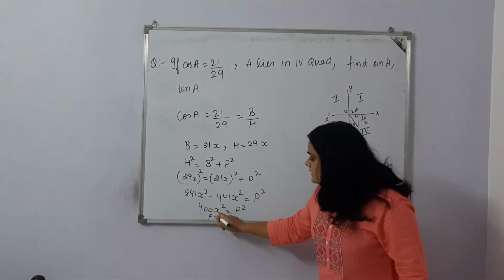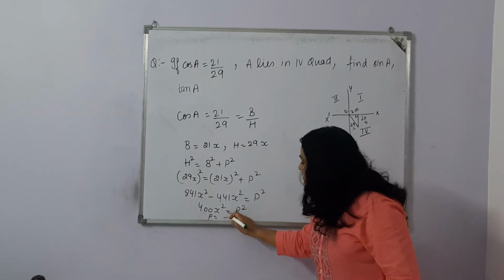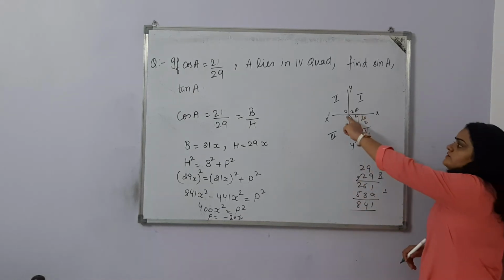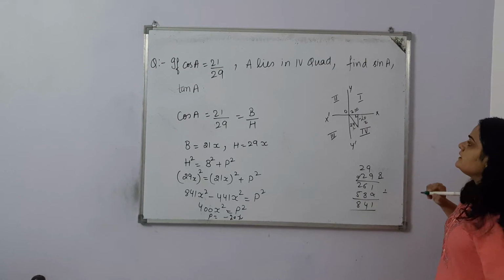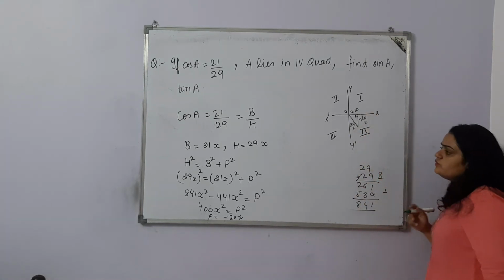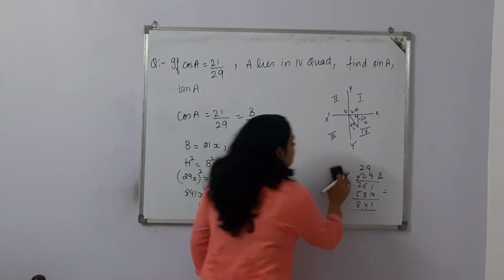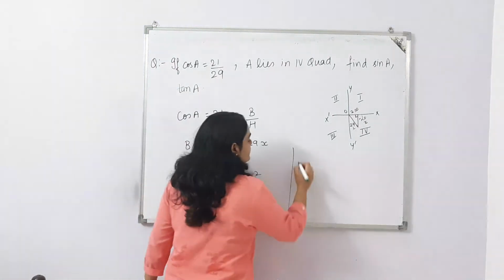So here I am taking the negative sign, negative 20x. Why? Because this is on the negative side of the y-axis. So 21x, 29x and perpendicular is minus 20x. We need to find the values of sin A and tan A.